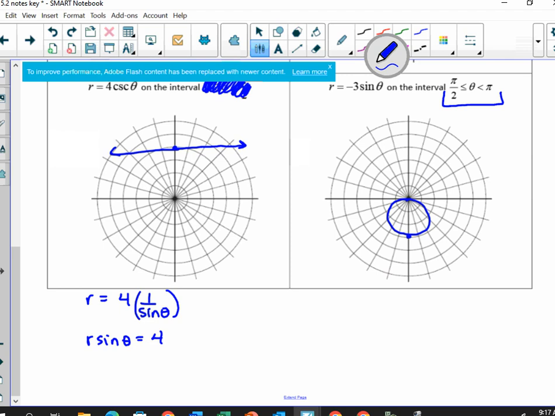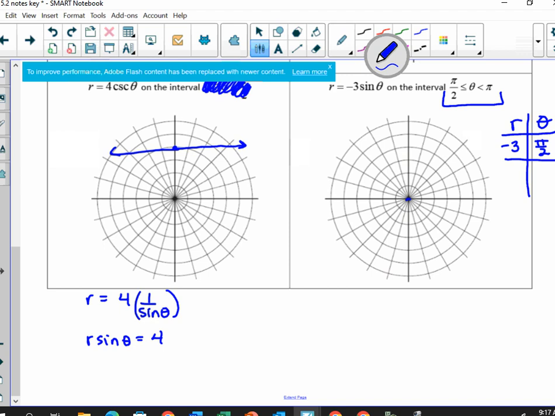It's not the whole thing. So, we are going to make a little tiny table here to figure out which part we're using. But I want to make sure you understand the whole thing too. So let's think about our r's and our thetas. I want to start at pi over 2 because that's the first value on my interval. So if I plug in pi over 2, what do I get?